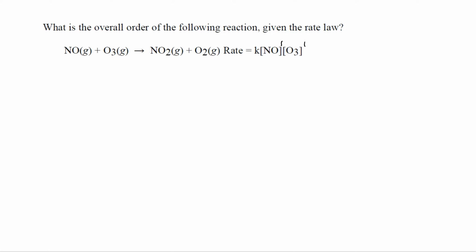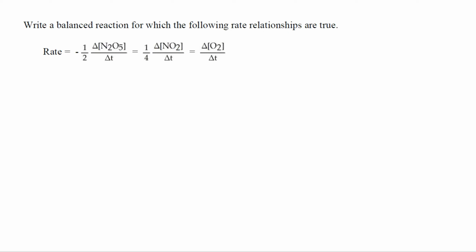And the overall order for a reaction is the sum of all of the components. So with respect to NO is 1, with respect to O3 it's 1, but overall it's 1 plus 1. So in this particular case, this is going to be second order. Pretty easy start. Let's make it a little bit more complex.